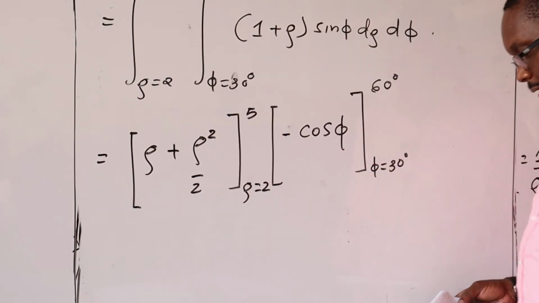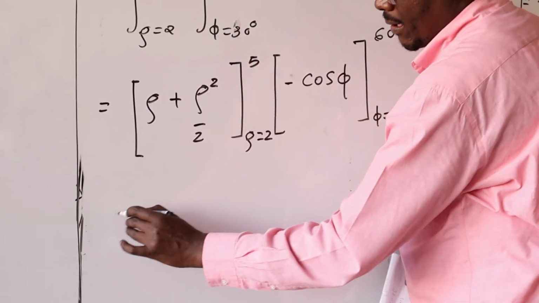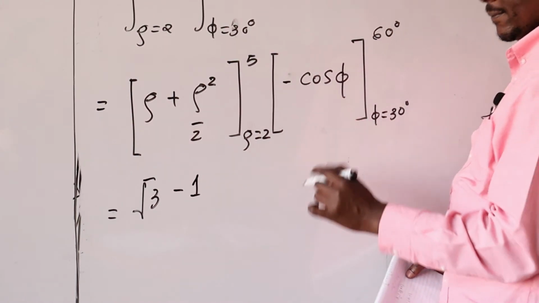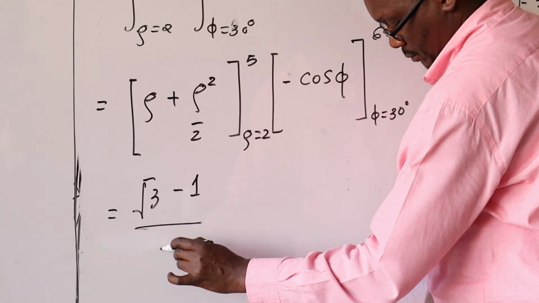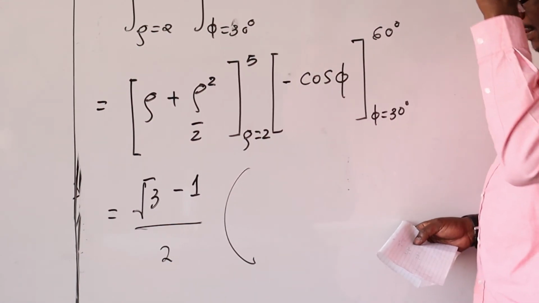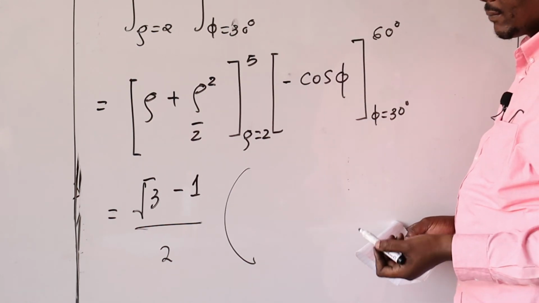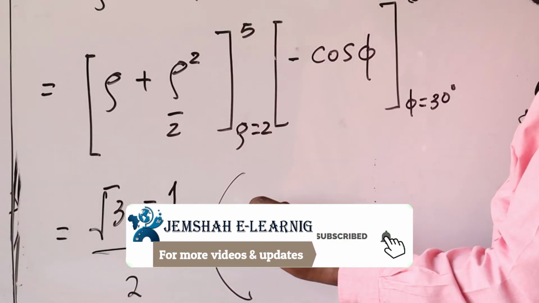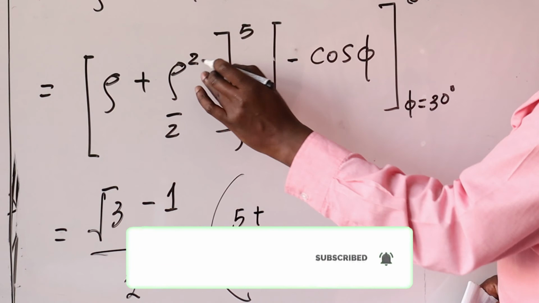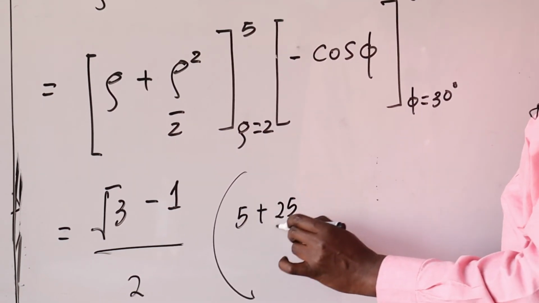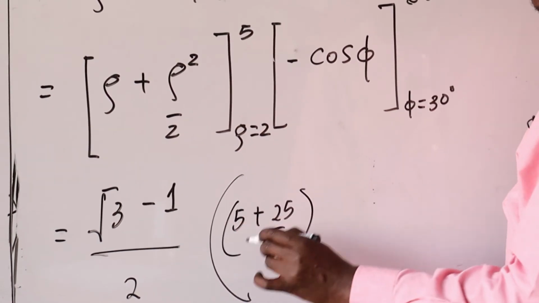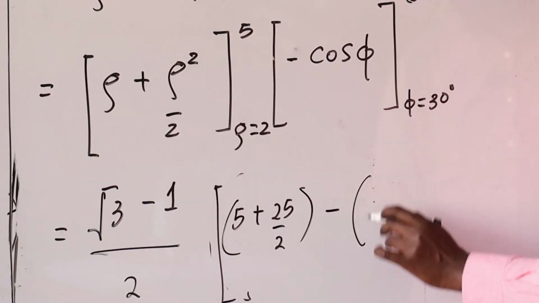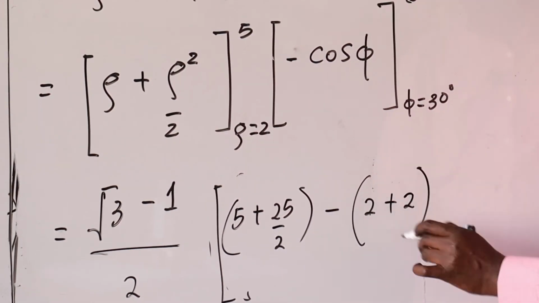Then if you put your limits there and there, we're going to have the root of 3 minus 1 for this term here, all over 2, into, if again I put my limits for the other one, 5 to 2, this gives me 5 plus 25 over 2, minus 2 plus 2, which is 4.